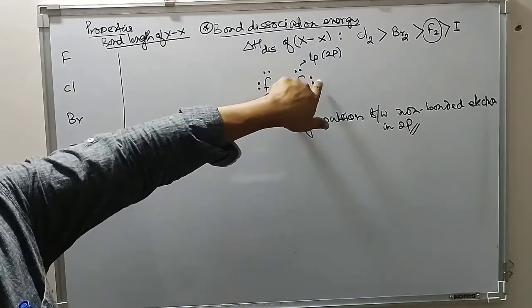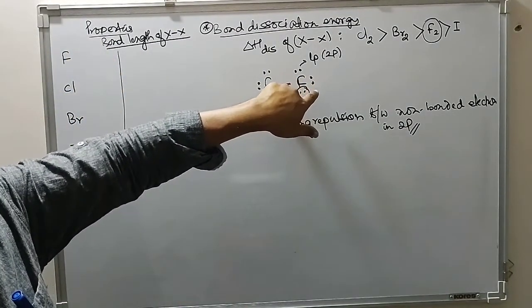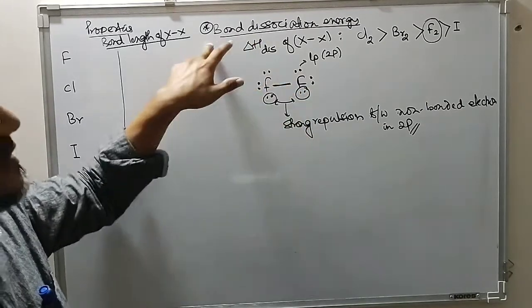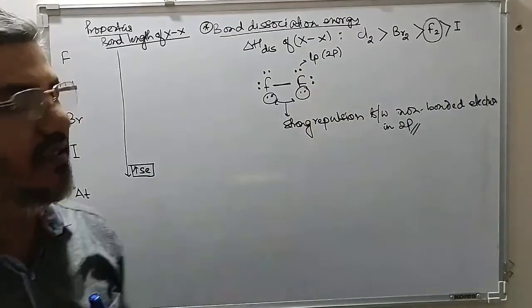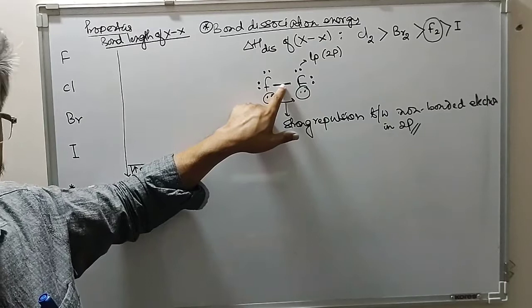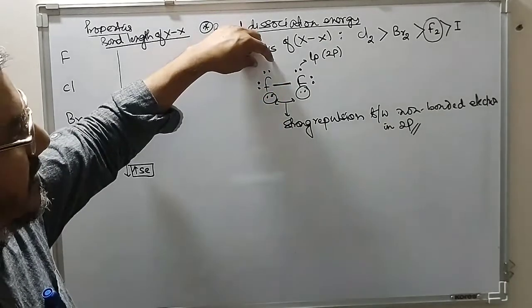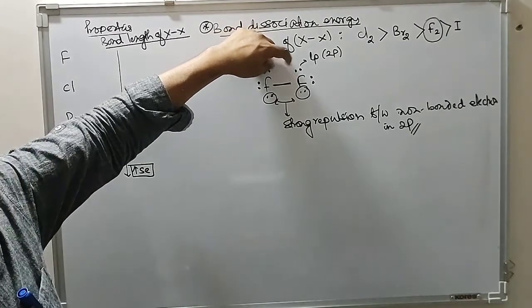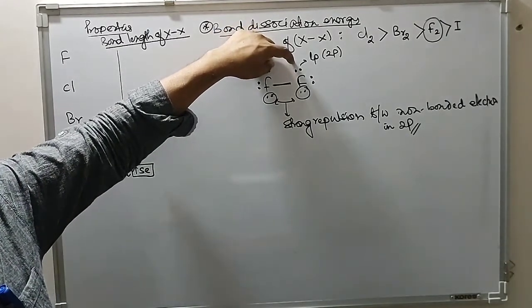Distance between fluorines is shortest, so bond should have been strongest, so bond dissociation energy should have been the highest, but here there is some other effect. Bond is shortest, no doubt. Along with this, the distance between the non-bonded lone pair electrons is also least.